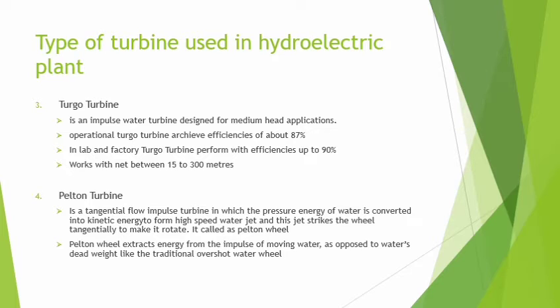Number 4. Pelton turbine. The Pelton turbine is a tangential flow impulse turbine in which the pressure energy of water is converted into kinetic energy to form a high-speed water jet, and the discharge strikes the wheel tangentially to make it rotate.